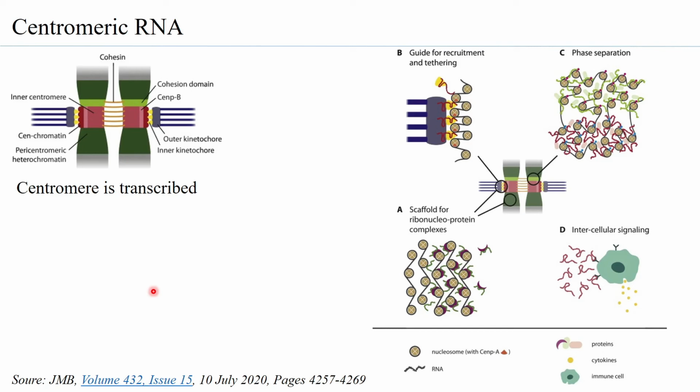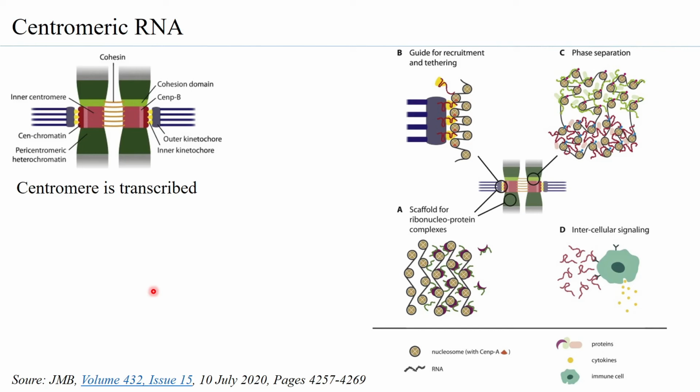Interestingly, what has been noted is that many of these RNA may not actually get translated. So you will find that several of these RNA are simply non-coding RNA. The question therefore arises: why should there be centromeric RNA present? Why should there be RNA at all, when our understanding is that heterochromatin regions of DNA do not really get transcribed?